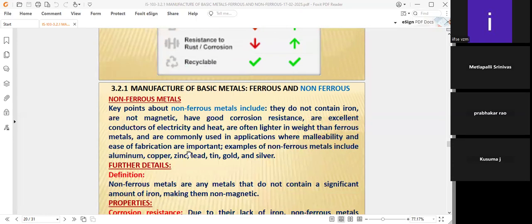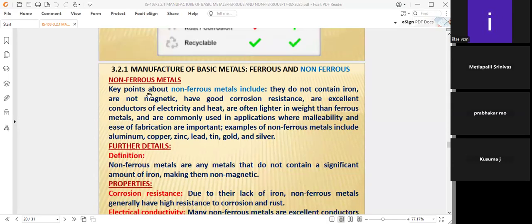Now detailing the non-ferrous materials, the key points: they do not contain iron, whereas ferrous metals contain iron as the largest percentage. They are not magnetic, number one. Number two, they have good corrosion resistance because iron is not there.